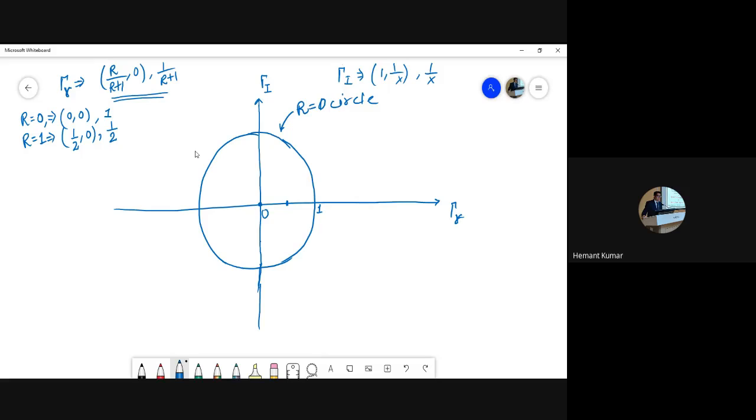The center is this, and the radius is 1 by 2. If you plot, the circle will look like this.